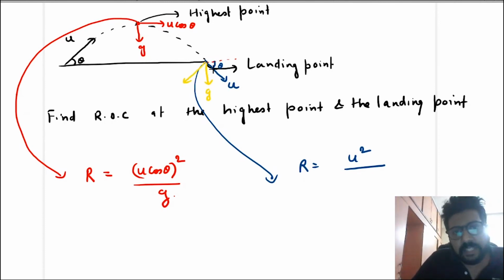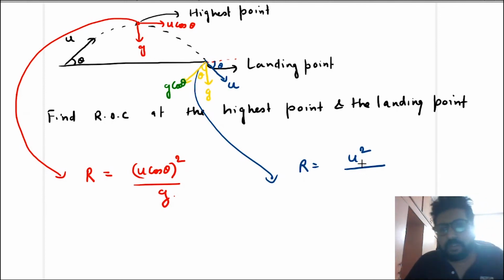If this angle is theta, this is 90 minus theta, this is theta. So you will say this component of acceleration perpendicular to velocity is g cos theta. So r is equal to u square upon g cos theta. In this way you can find the radius of curvature at any point.